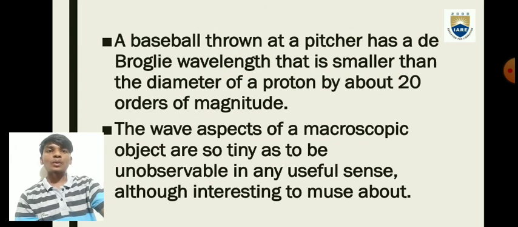A baseball thrown by a pitcher has a de Broglie wavelength that is smaller than the diameter of a proton by about 20 orders of magnitude. The wave aspects of a macroscopic object are so tiny as to be unobservable in any useful sense, although interesting to be mused about.